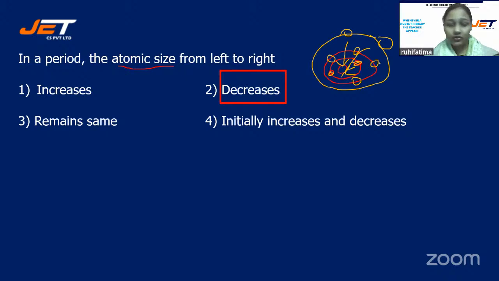So there is more attraction inwards, right? Because protons are in the nucleus and electrons are outside in the orbit. And you know that opposite charges always attract each other. So these protons will attract the electrons, hence this will decrease the size of the atom. Understood? So atomic size on moving from left to right in a period decreases. The correct answer is option 2.